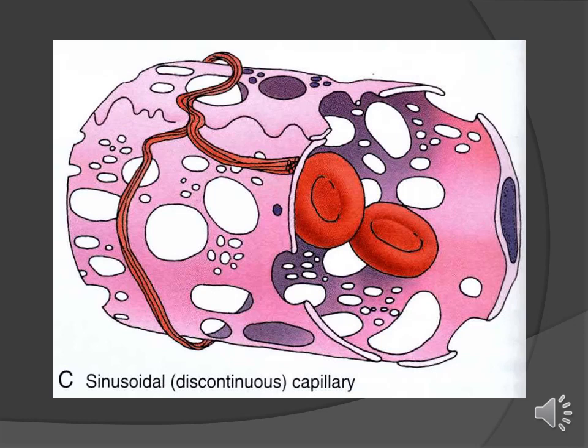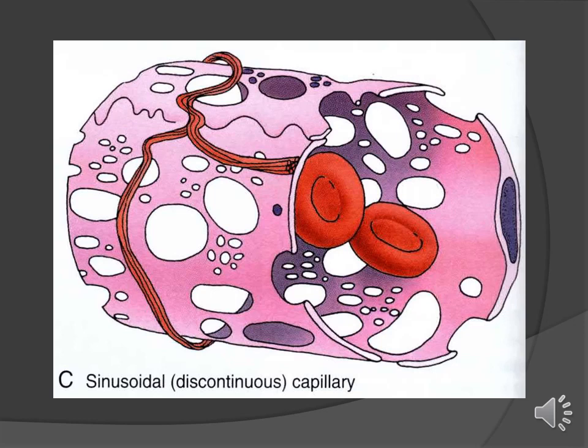The endothelial cells in the sinusoidal capillaries have large openings in their cytoplasm, and these cells are separated by wide, irregular intercellular gaps.